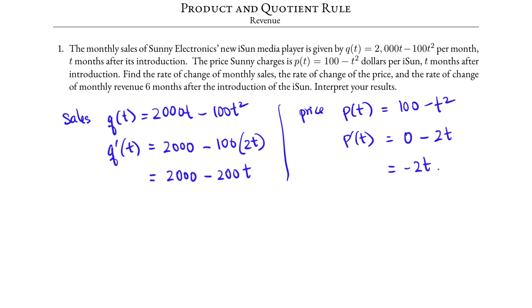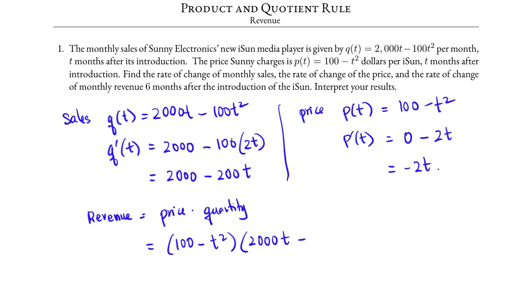Now the revenue. We do not have the revenue equation, but the revenue is the price times the quantity, or the quantity times the price. The price equation is given, 100 minus T squared, times the quantity, 2000 T minus 100 T squared. This is a product.